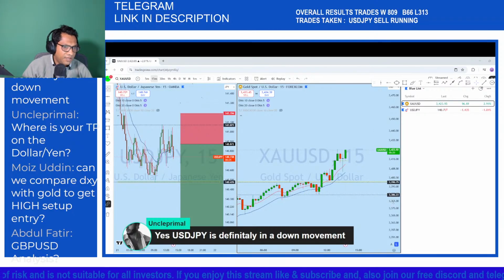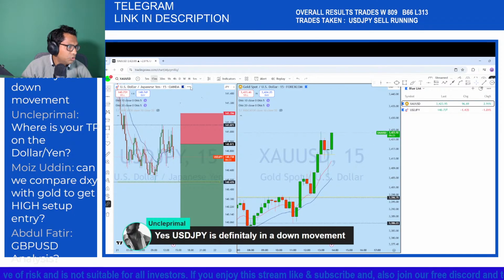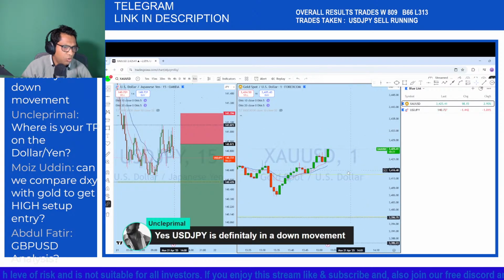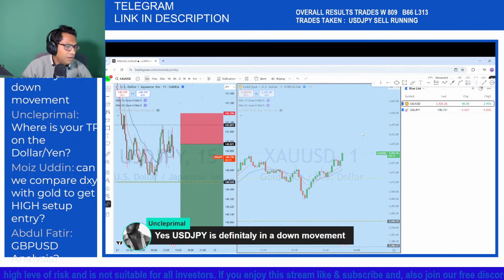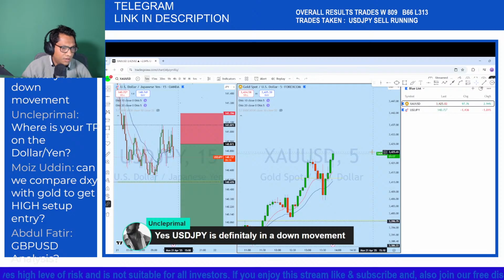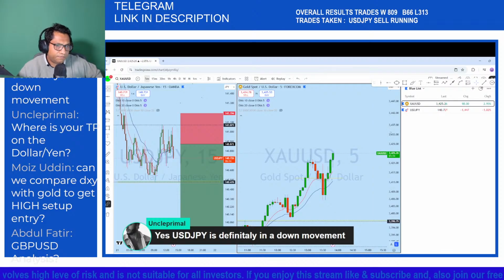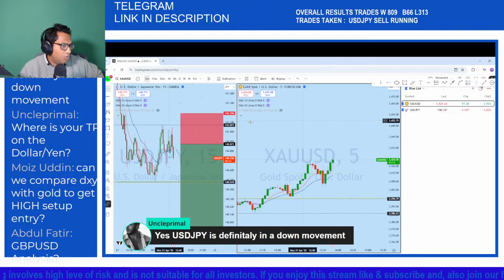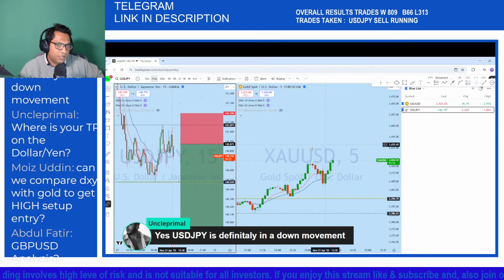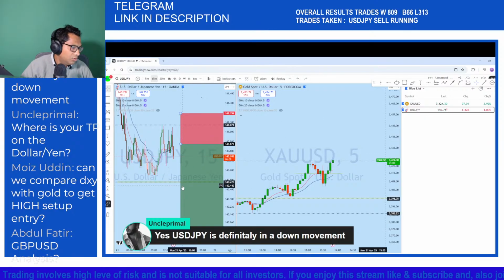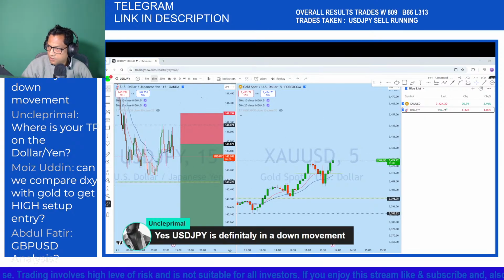Let it drop back here. We see that XAUSD is pushing back up again with a new momentum, which is in that bullish trend, while dollar yen has started to trend downside.